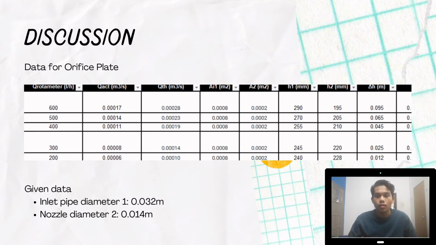The differences in H1 and H2 have been recorded from the experiment, so we can find the difference in H. And the last one, the coefficient of discharge, is just Q actual divided by Q theory.